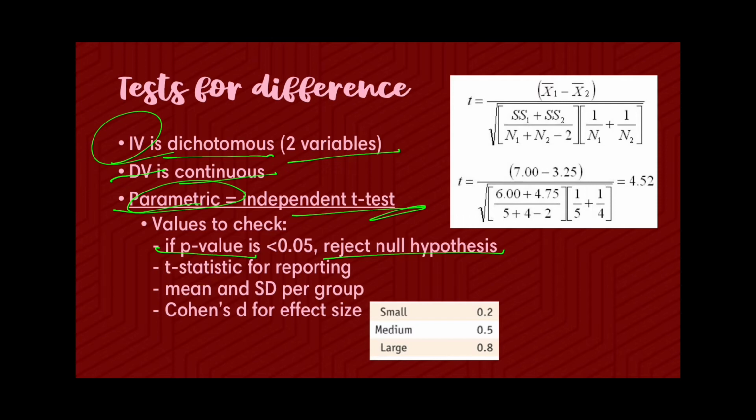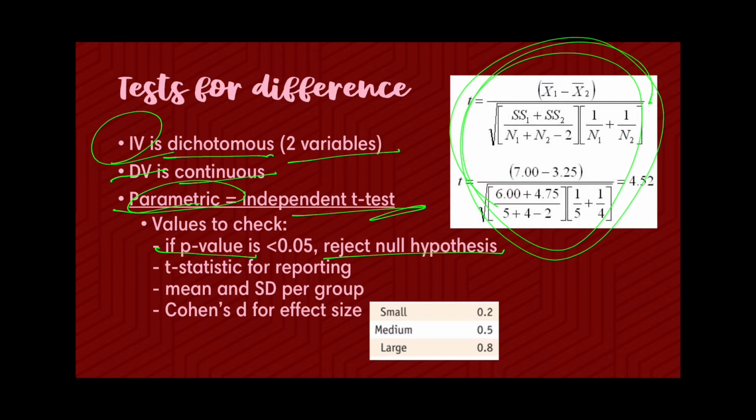Later, I will demonstrate to you how to do it via JAMOVI, so that you will no longer be using this very cumbersome formula. I will not teach you the formula. I will teach you how to generate a t-test in JAMOVI, and how to interpret the tables in the t-test. So the first value that you need to check is the p-value. If the p-value is less than 0.05, then you have to reject the null hypothesis.